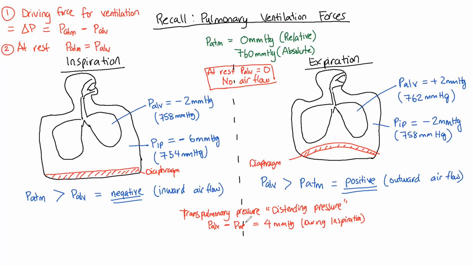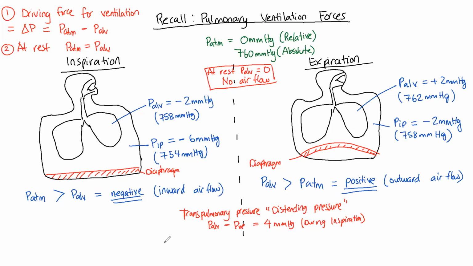And then as the intrapleural pressure increases, the transpulmonary pressure is going to decrease and this value will change, okay? And so that's going to make it harder for the lungs to distend during expiration. So during inspiration, we have 4 millimeters of mercury, and that's going to be in favor of distension or inspiration, which is happening during that phase.